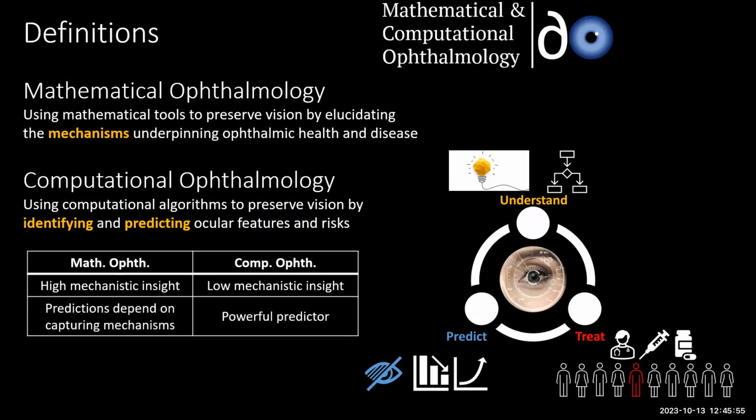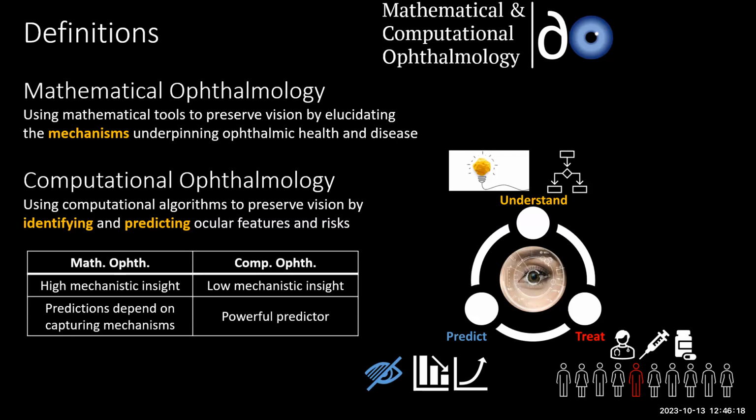On the other hand, computational ophthalmology is an incredibly powerful predictor, in part precisely because it doesn't depend upon these mechanistic descriptions. In contrast, mathematical ophthalmology, by which I mean mathematical models, is rather weaker on prediction, in that it depends upon having accurately captured the underlying mechanisms in order to make an accurate prediction.